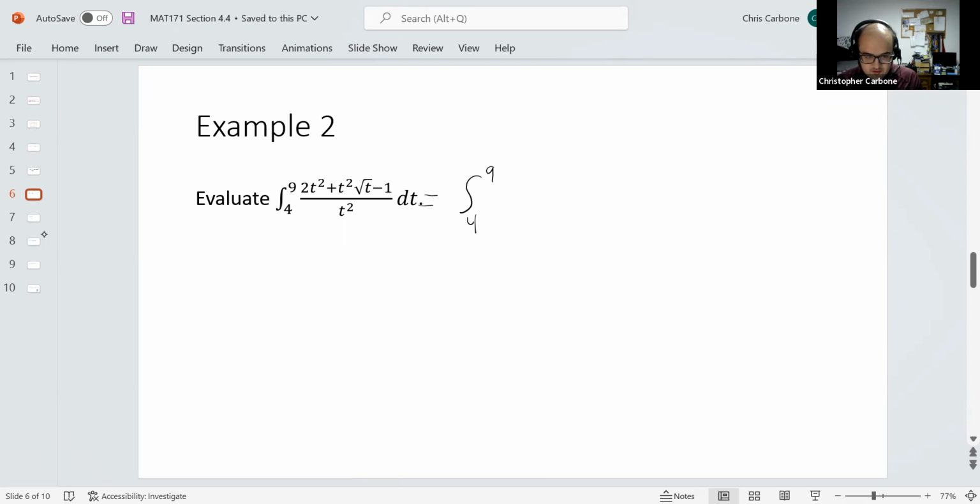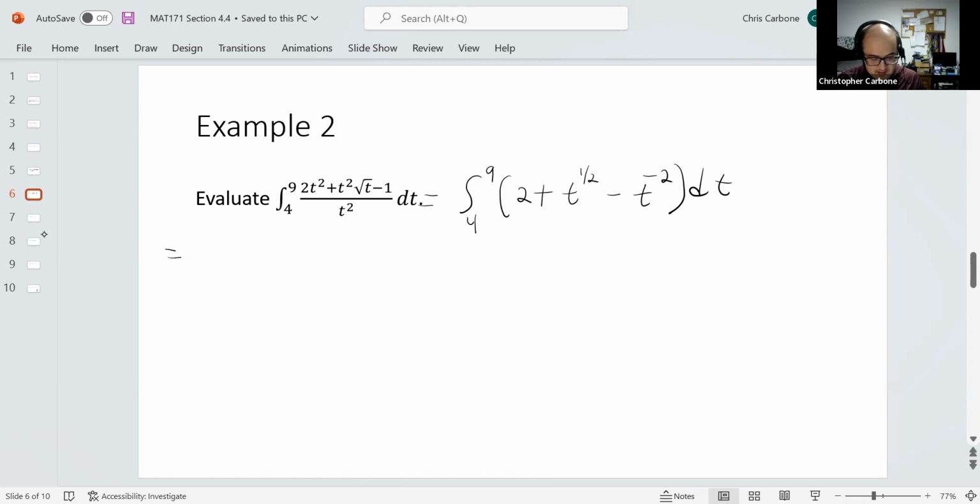So the integral between 4 and 9 of 2t squared divided by t squared just gives us 2, plus t squared times the square root of t divided by t squared just makes the square root of t. So this would be t to the 1/2, minus 1 divided by t squared just makes t to the negative 2, dt.